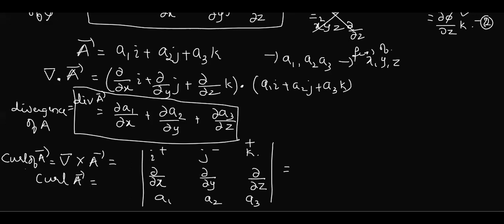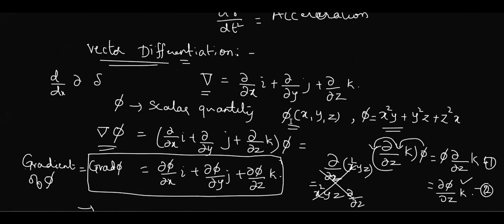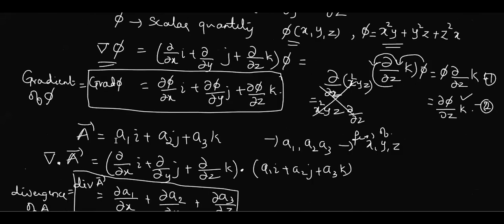Now my question is, why have we taken del dot A and del cross A, but not del dot phi and del cross phi? Because phi is a scalar. If both the things are vectors, there is a question of dot and cross. If one of them is a scalar, no question of dot and cross, just a simple product. Good answer.